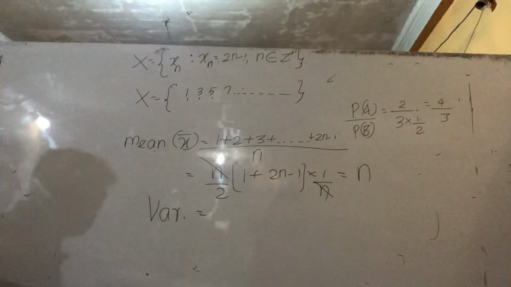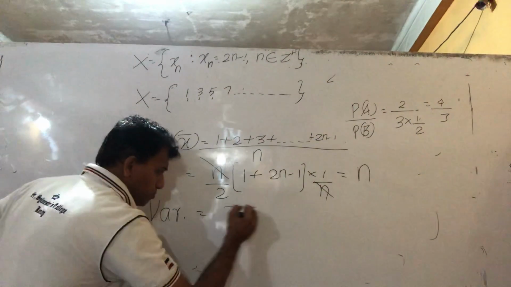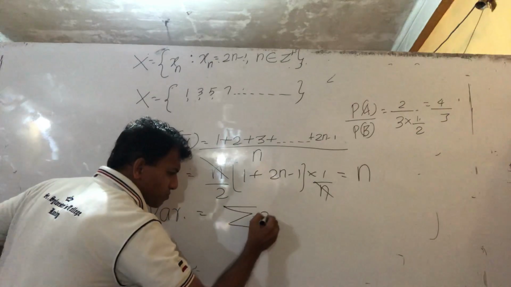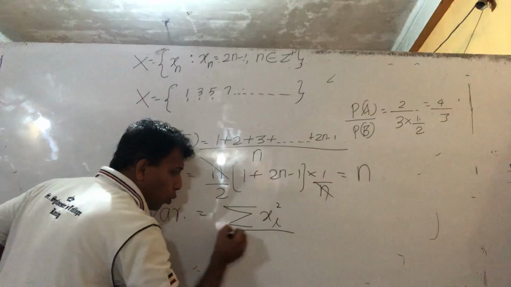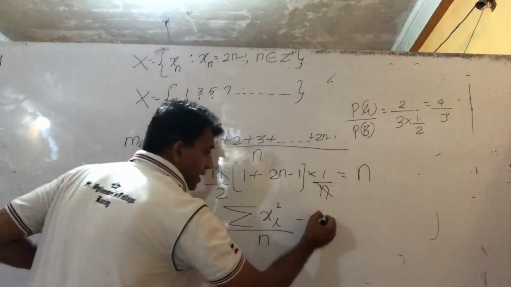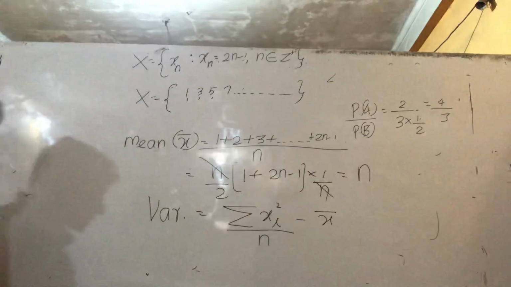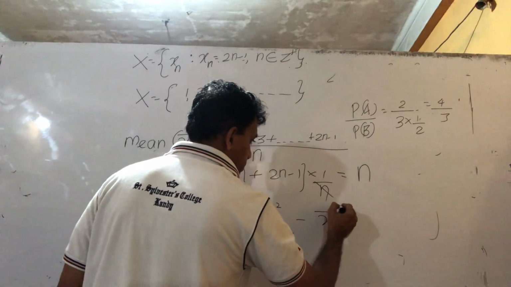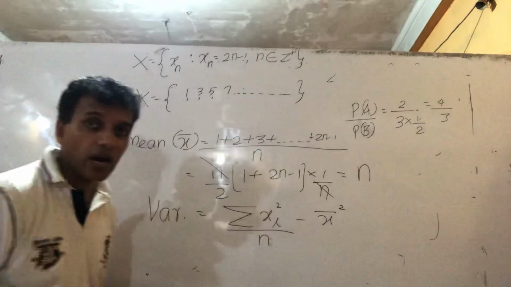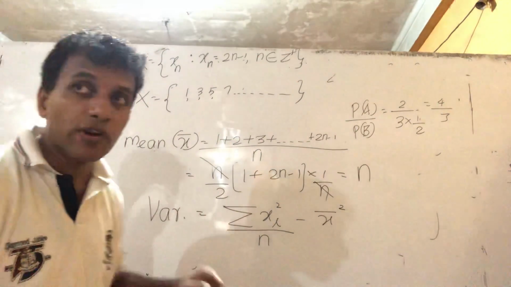So what is the formula for raw data? Variance equals sigma x_i squared over n minus x bar squared. Remember this, keep it by heart. This is how to find the variance of raw data.